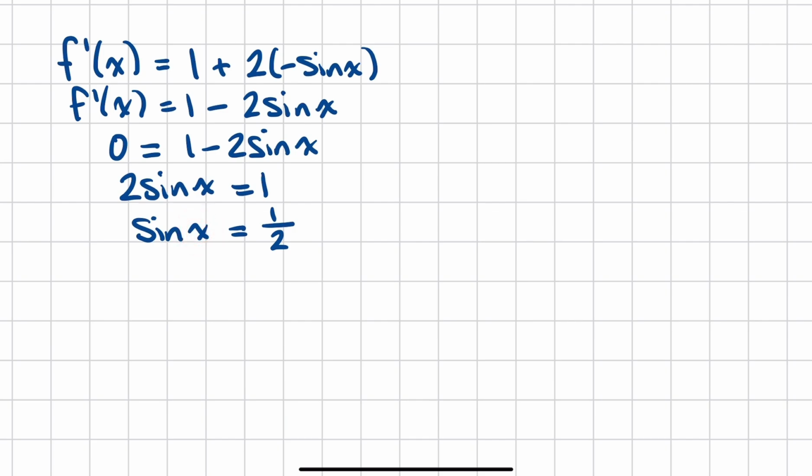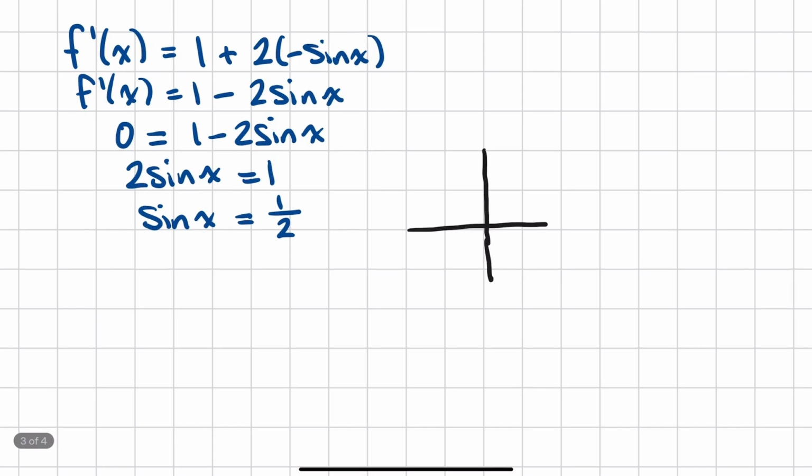So recall from CAST rule, we see right here that our sine ratio is positive. And because it is positive, it means that this can land in either quadrant 1 or quadrant 2. So this is quadrant 1, and this is quadrant 2.